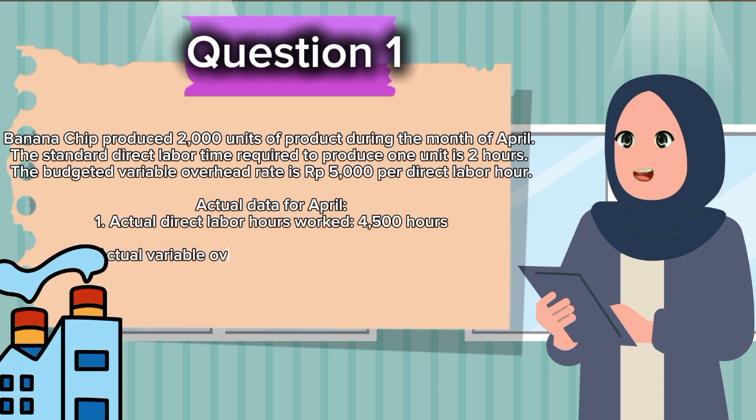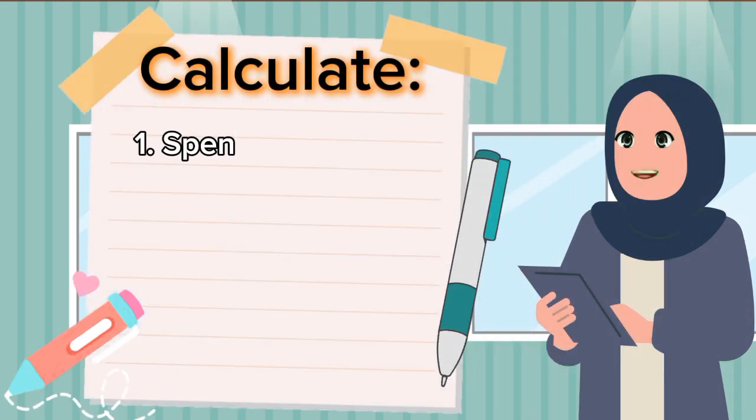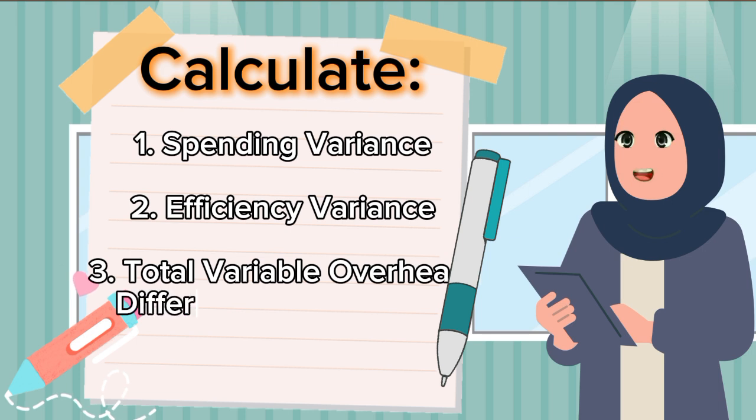Actual direct labor hours worked is 4,500 hours, and actual variable overhead incurred is $23,050,000, and we must calculate spending variance, efficiency variance, and total variable overhead difference, and analyze.